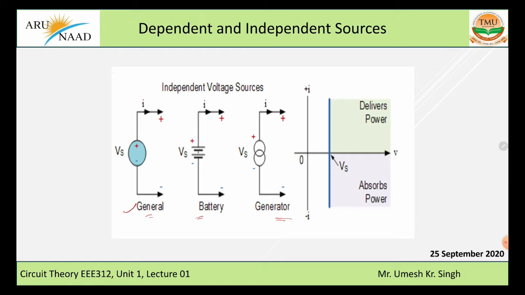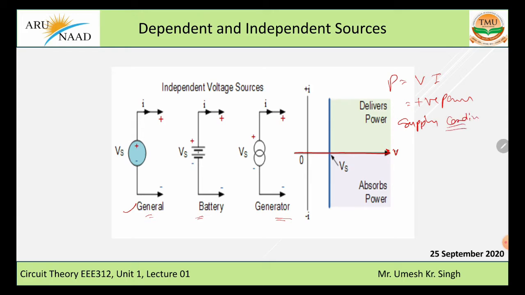Now one more point, if we look at this VI diagram, then for the first quadrant, if we calculate power, positive voltage and positive current means positive power. It means it is a supply condition.